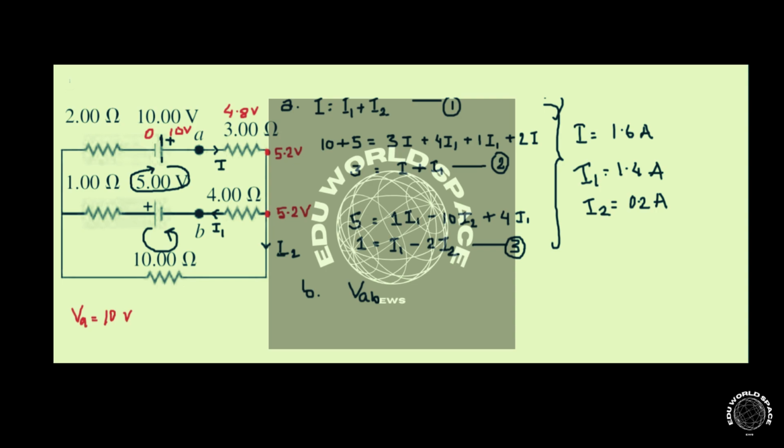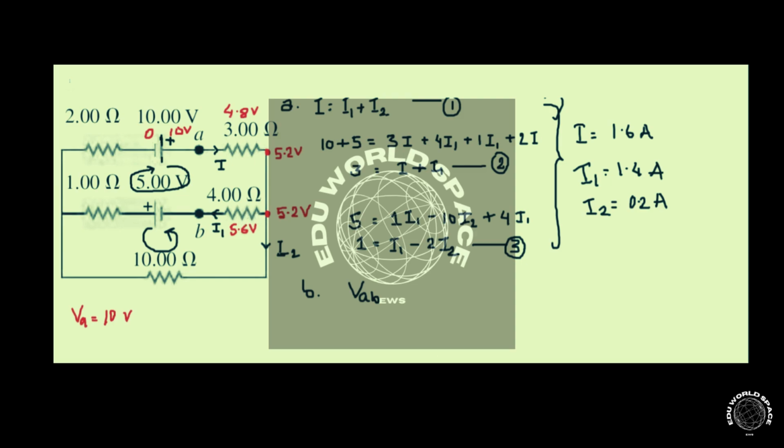Now again the potential drop across the 4 ohm resistor is 4 times I1, so 4 into 1.4, that is 5.6 volts. So this resistor gets 5.6 volts. Since the current is flowing this way, this should be at higher potential and this at lower potential, and the potential difference should be 5.6.